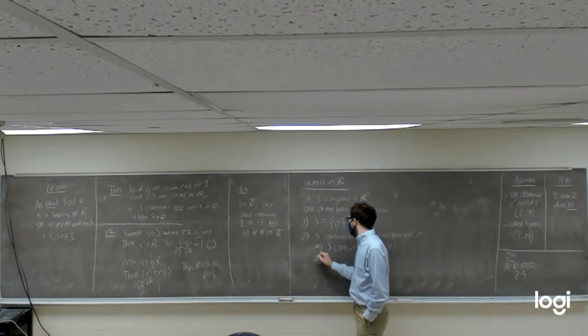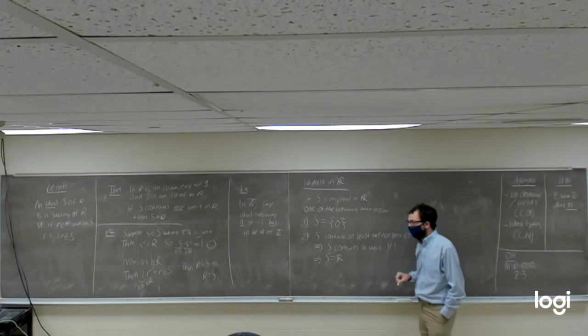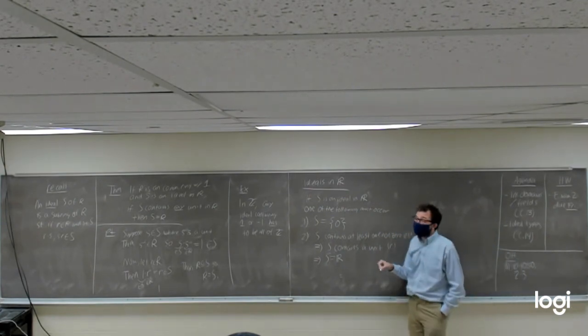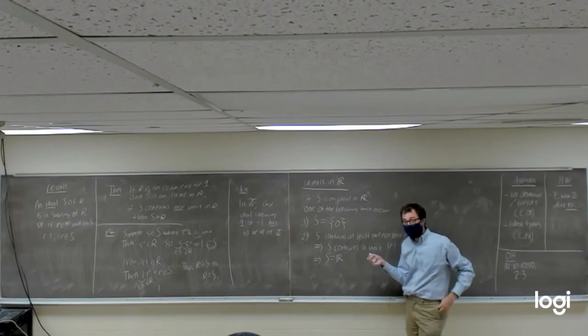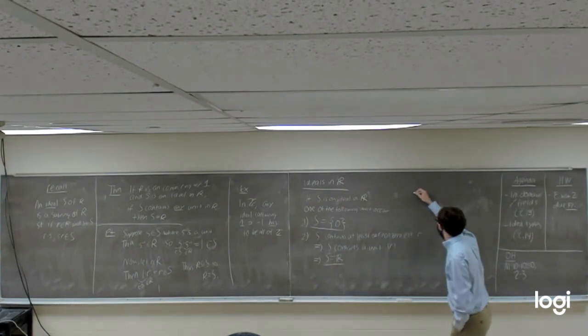But if S contains a unit, we just proved S has to be the ring of all real numbers. So we just showed that the ring of all real numbers contains only two ideals, namely the trivial ideal and the entire ring.